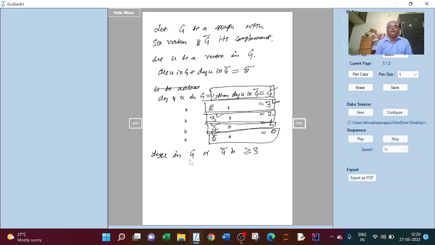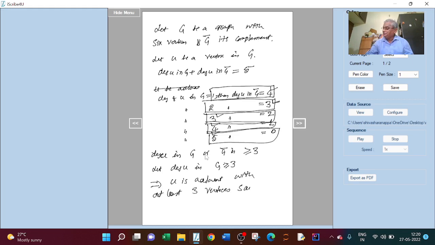So let me consider this vertex U in G. Let the degree of U in G be equal to 3, or we say that it is greater than or equal to 3. Then this implies U is adjacent with at least 3 vertices, say V1, V2, V3 in G. Okay, so it is like this.